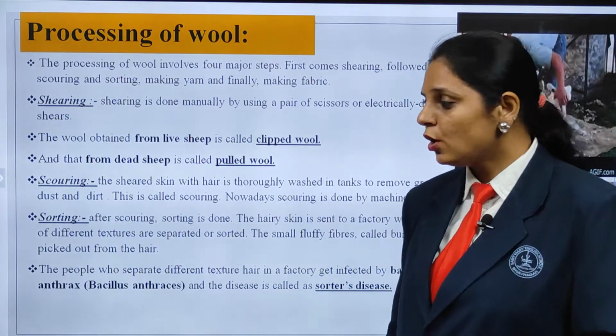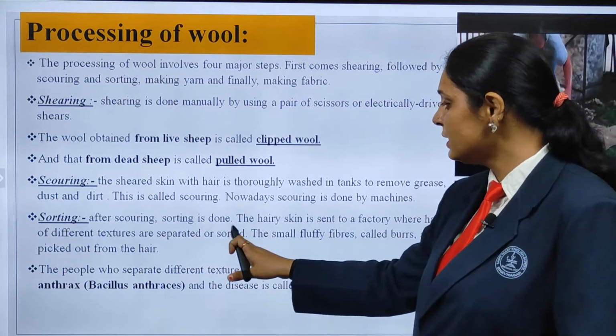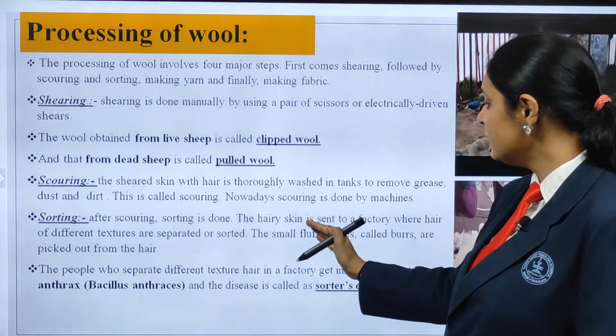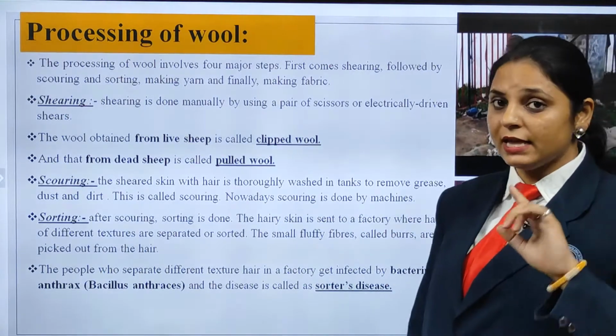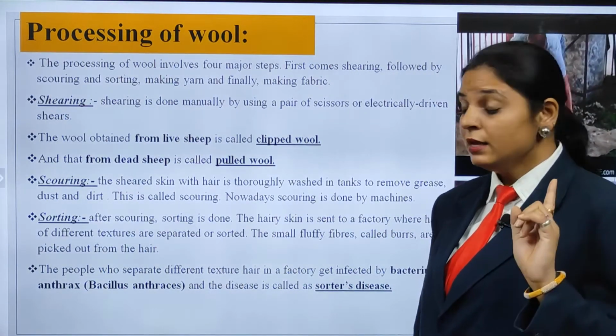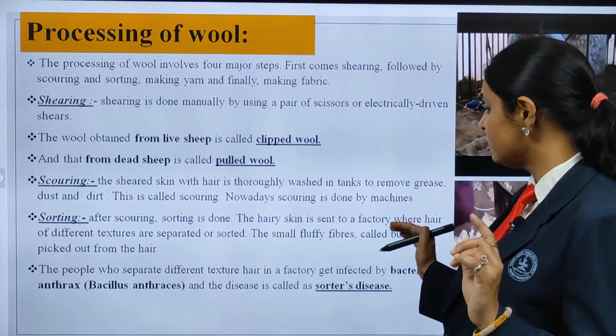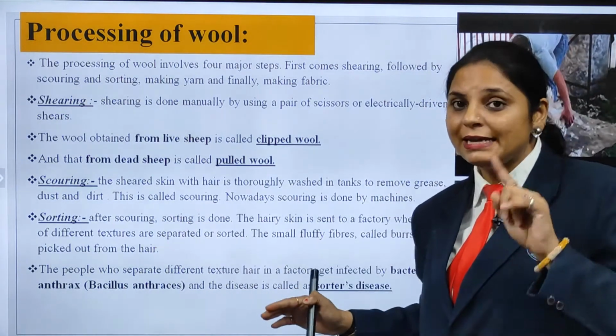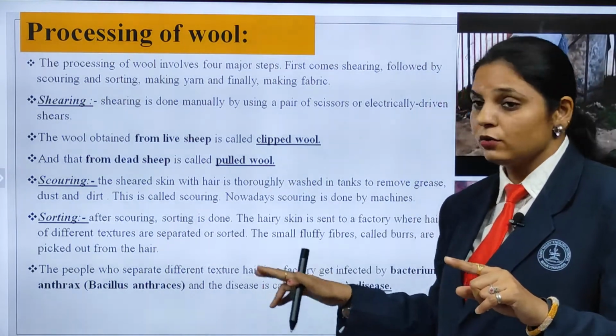The third step is sorting. After scouring, the hairy skin is sent to the factory. As I have shown you before, the hairs are sent to the factory where hair of different textures are separated out or sorted.